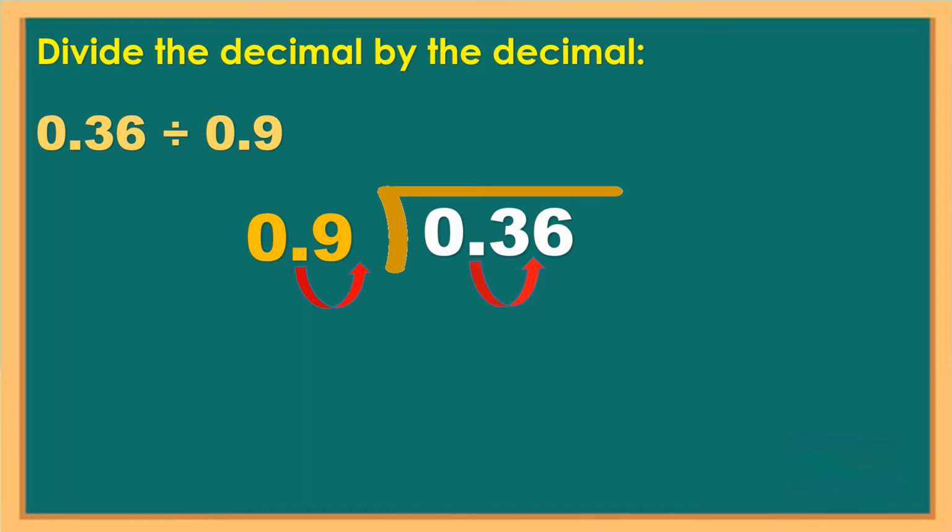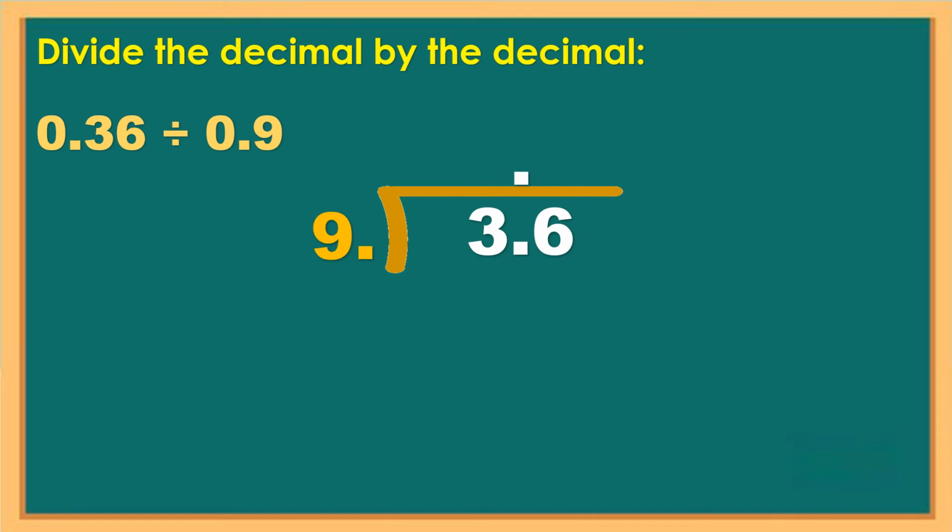So the divisor now is 9 and the dividend became 3 and 6 tenths. After which, we should put a decimal point in the quotient. Again, make sure that the decimal point is aligned with the decimal point of the dividend.